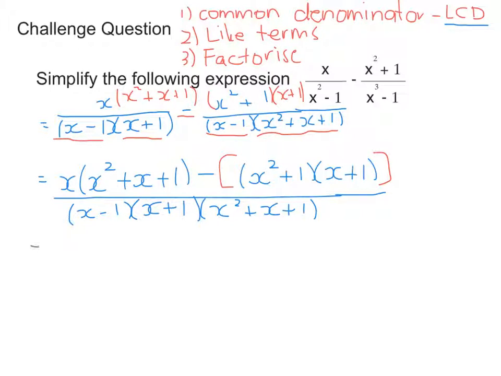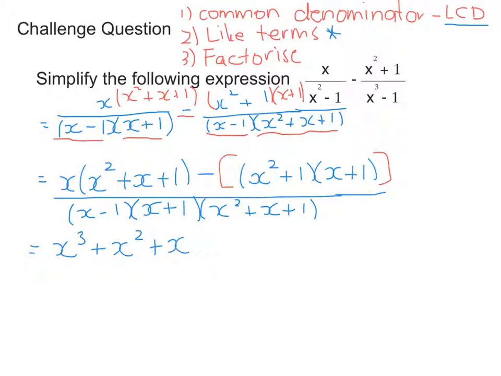The last part of this question is now just using my algebra skills to manipulate the numerator and find all of my like terms. So by expanding, we get x cubed plus x squared plus x in the first section.